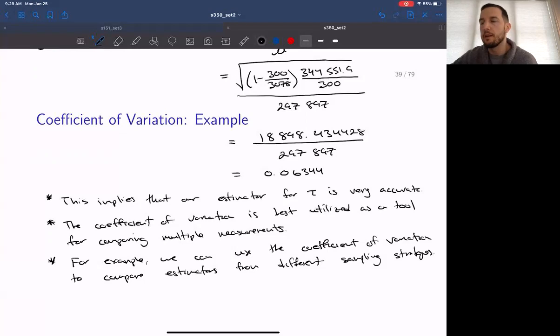But you would expect, if you were to collect 10 samples from the same population, that the majority of those estimators or those coefficients are going to be very close together. For example, if you consider the problem on assignment 1, question 5, where we sample from the podcast population, if you repeat that process, say 10,000 times, you'll notice that the estimates are quite close together, and the bound on those estimates is pretty small.